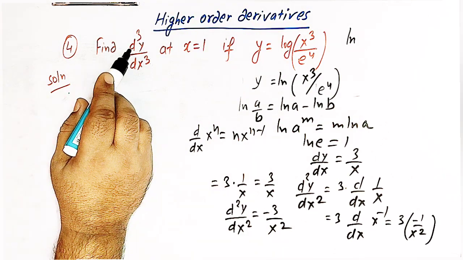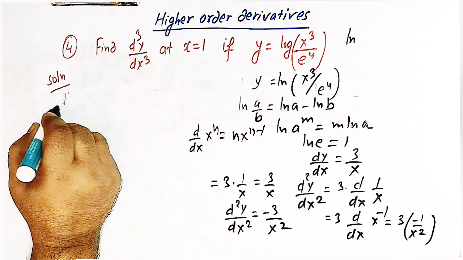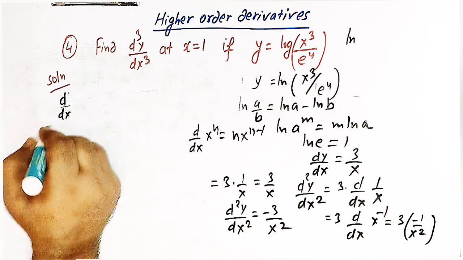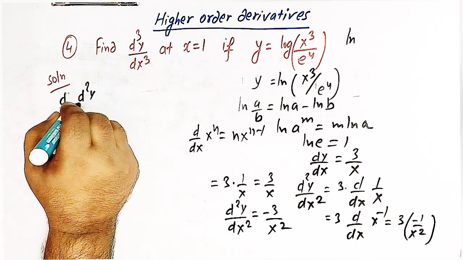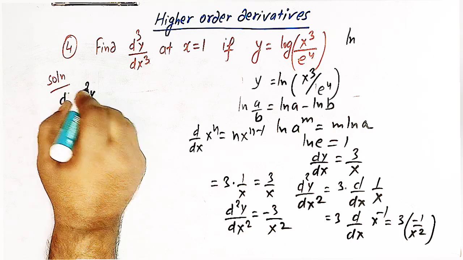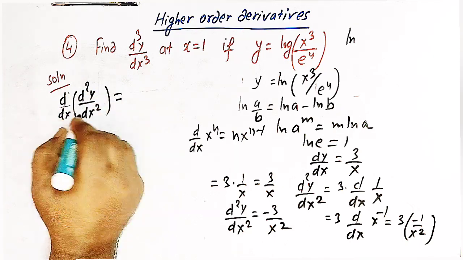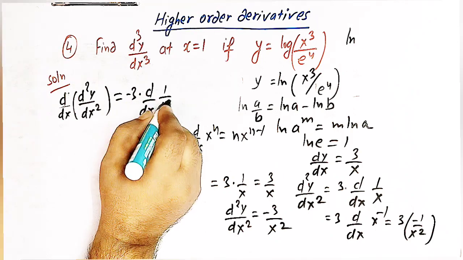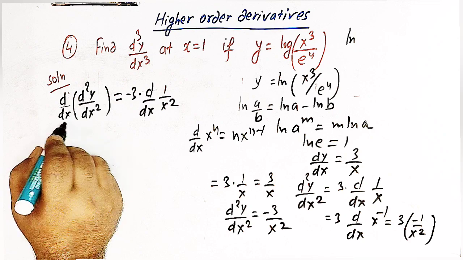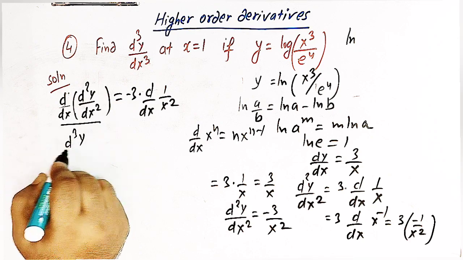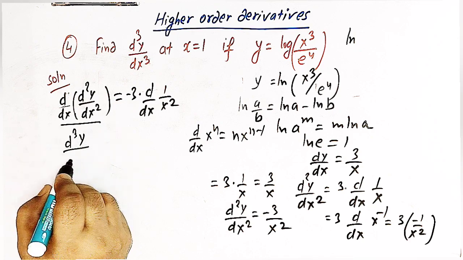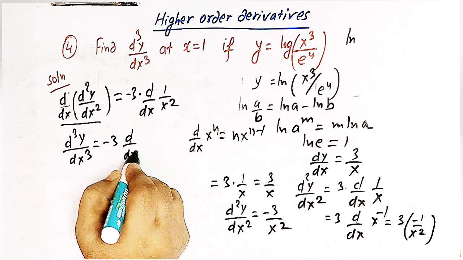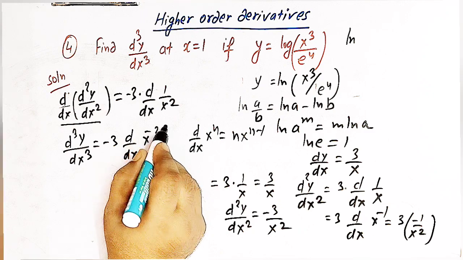Now to get the third derivative, we differentiate both sides with respect to x. So we have d by dx of d2y over dx2, and here we have minus 3 times the derivative of 1 over x square. This is the notation for the third derivative, d3y over dx3, and here we have d by dx of x raised to minus 2.